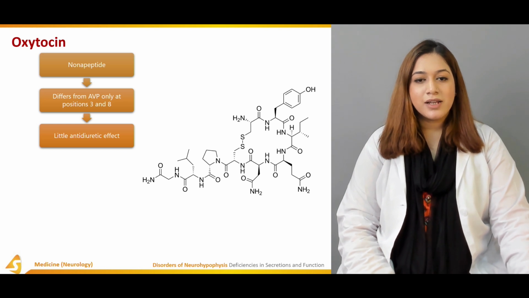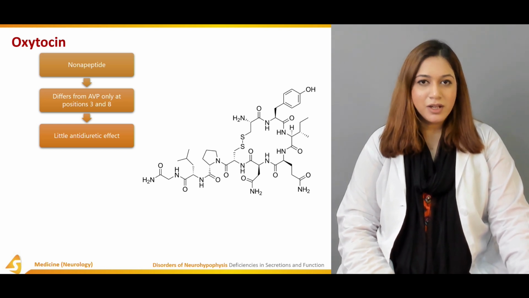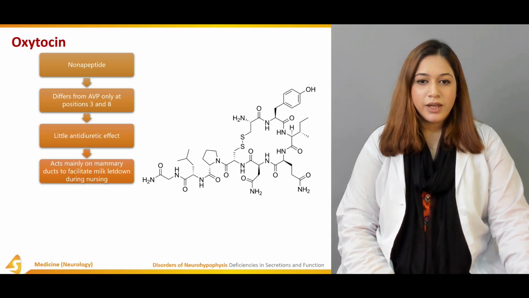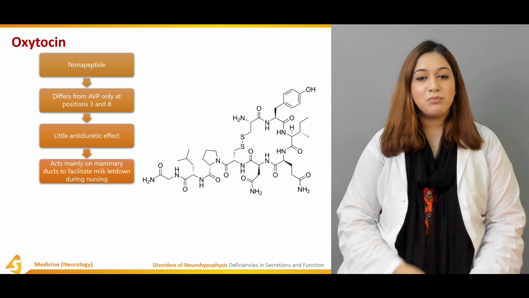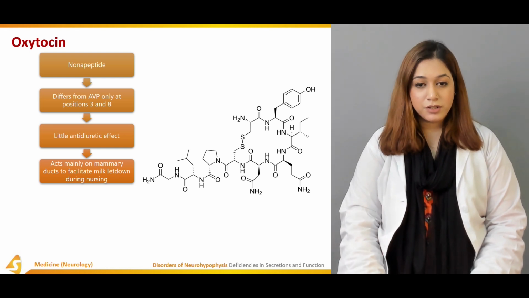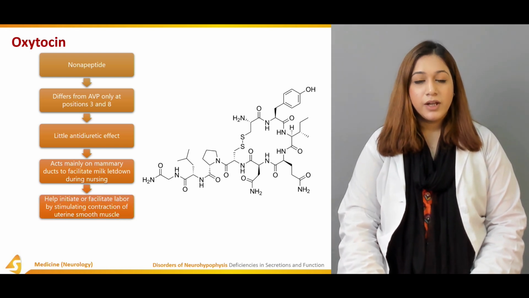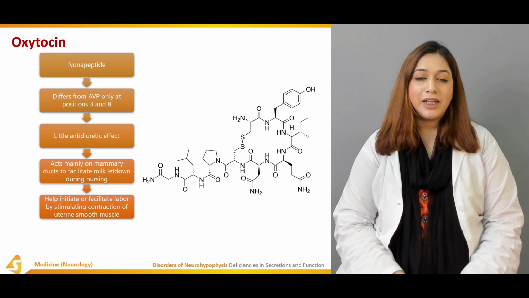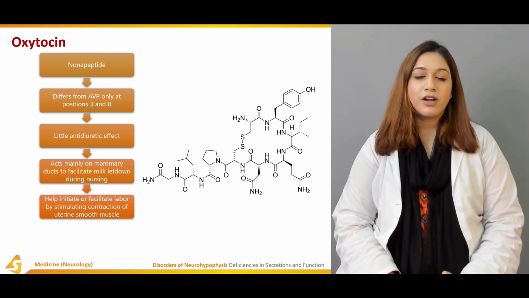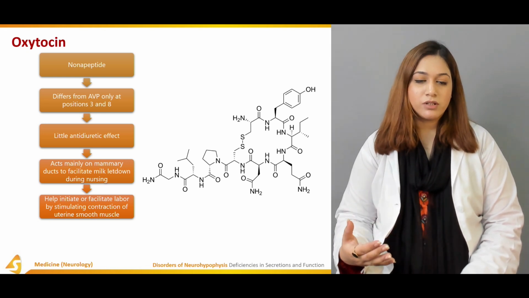Oxytocin has a little antidiuretic effect as compared to AVP, and it mainly acts on mammary ducts to facilitate milk letdown during nursing. The other function of oxytocin is that it helps initiate or facilitate labor by stimulating the contraction of uterine smooth muscles.